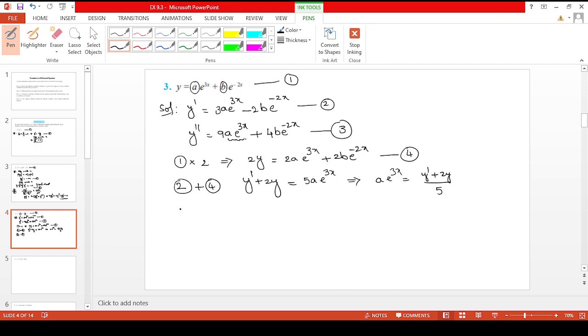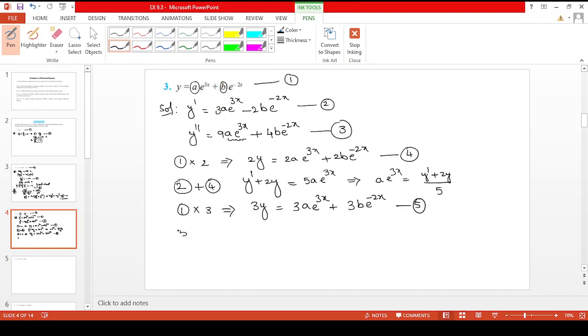So first, equation 1 into 3 we will do, which gives 3y equal to 3a e power 3x plus 3b into e power minus 2x. This is the fifth equation.